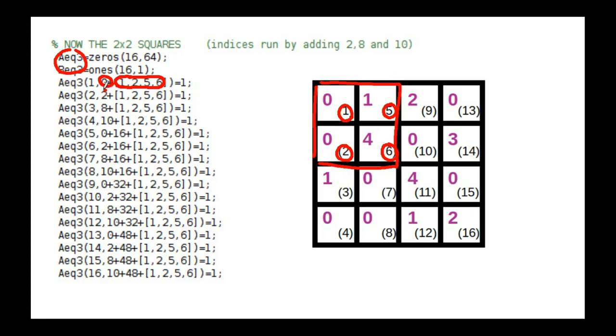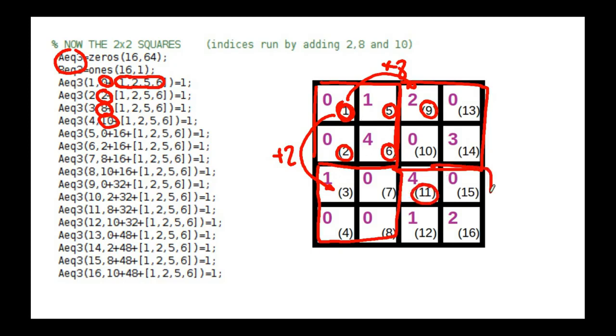But then I add 2, 8, and 10. Why do I do this? Because for the next square it is 1 plus 2. For the third square it is 1 plus 8 in order to become a 9. And the last, 1 plus 10 equals 11 for this square.